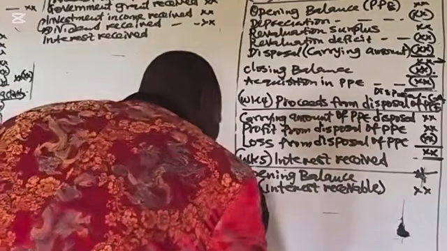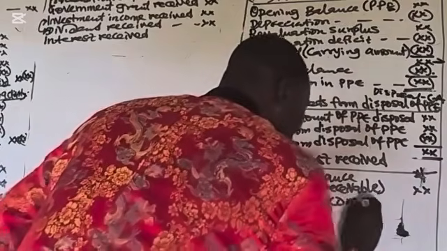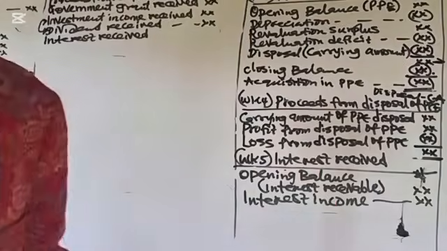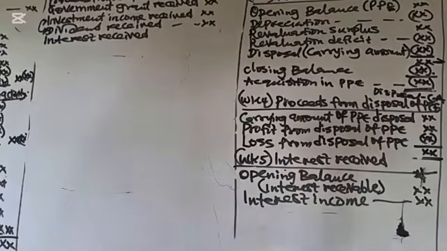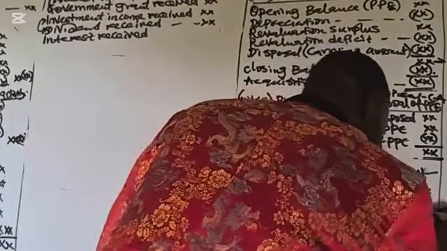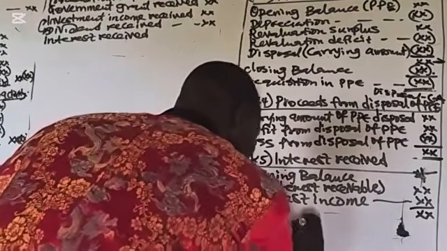Then interest income. The interest income will be obtained from the statement of profit or loss. If you add this, you have this at the total. Then you have the closing balance.